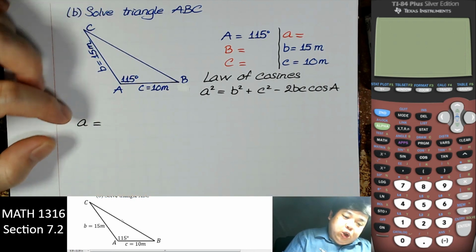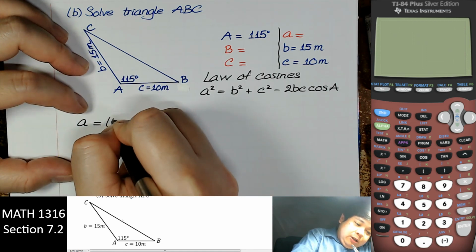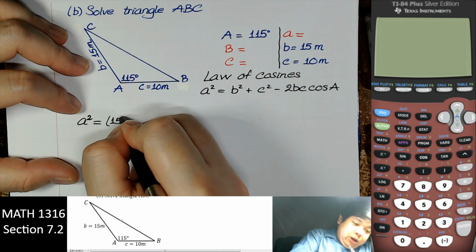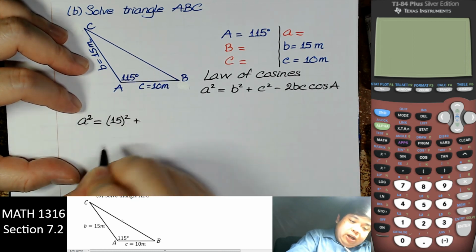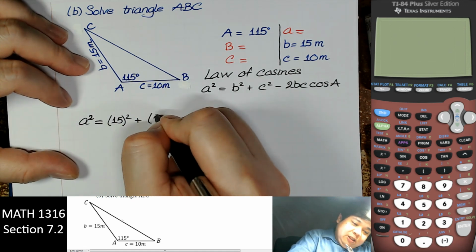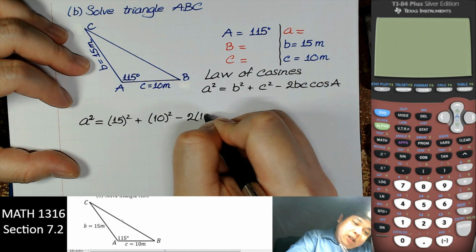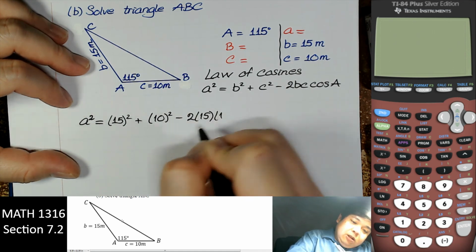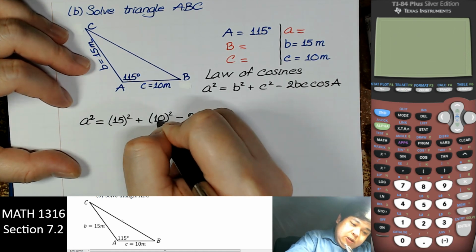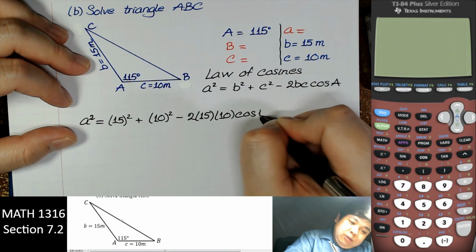So a squared equals b squared, 15 squared, plus c squared, sorry, minus 2 times 15 times 10 times cosine of 115 degrees.